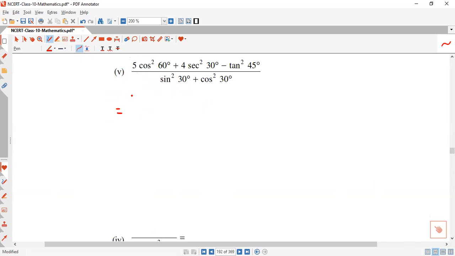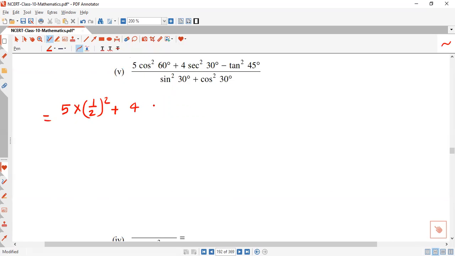I will put the value from the left side. 5 into cos 60 degree. Cos 60 degree means 1 by 2, and take the 1 by 2 square, plus 4 sec 30 degree.